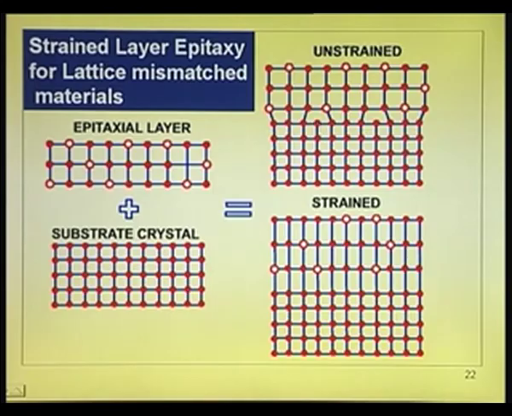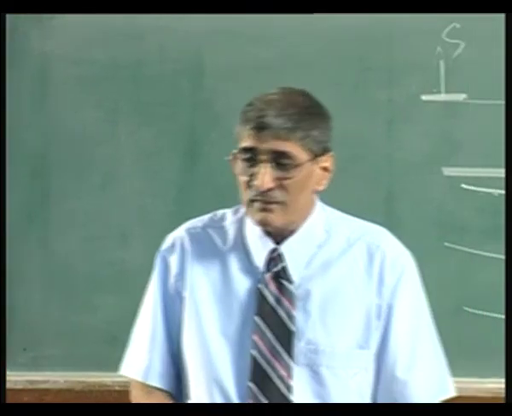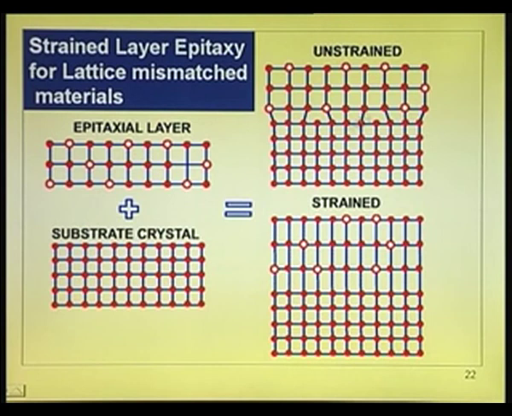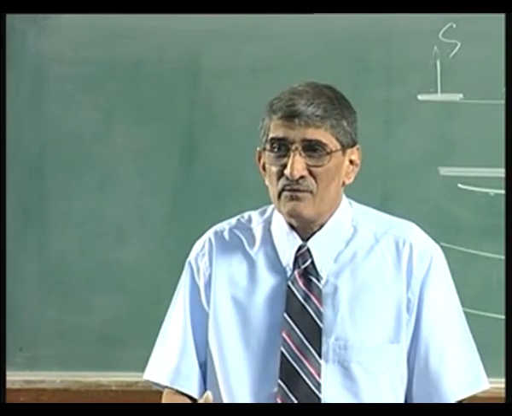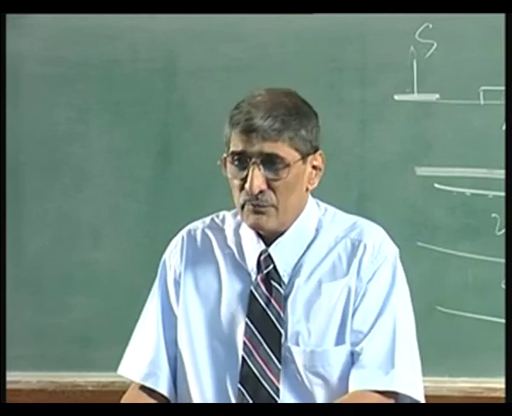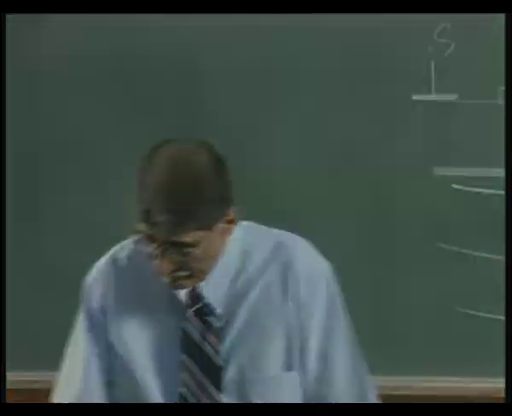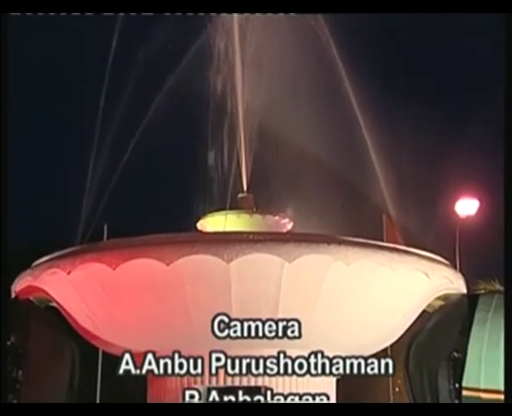What we would like to show is that you can generate a layer like this without defects, provided you grow a very thin layer. That is called the strained layer concept. We will discuss that in the next lecture. A few things before we go to HPT.